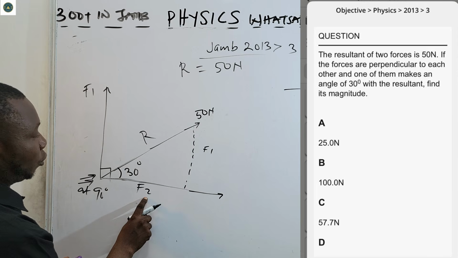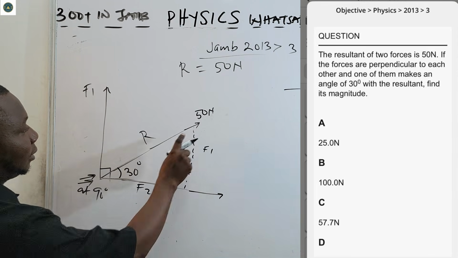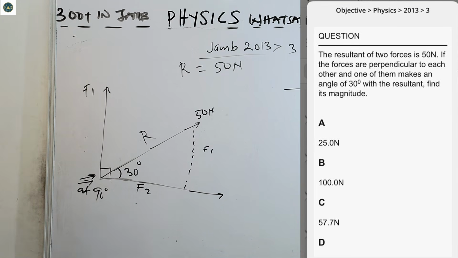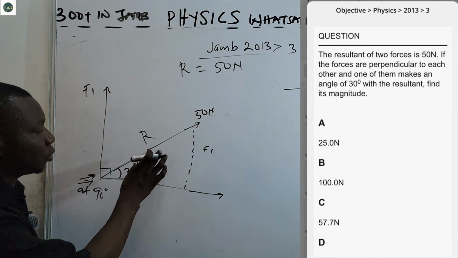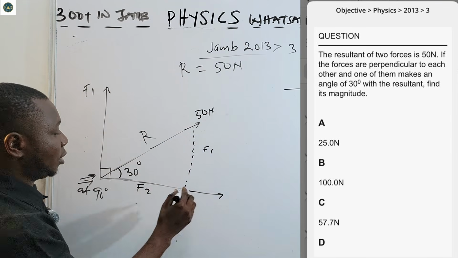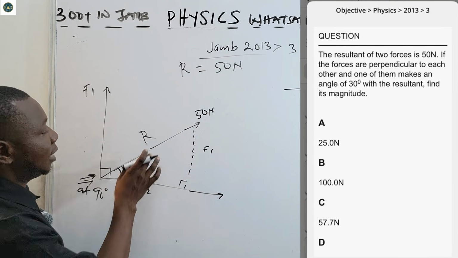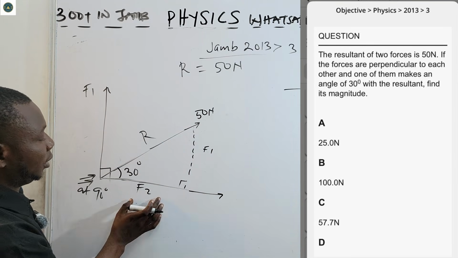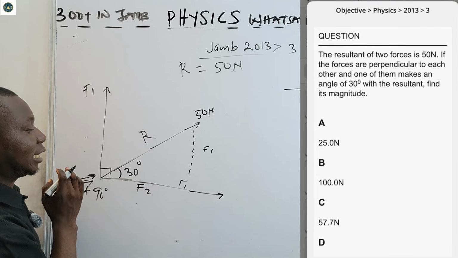So how do we get this? For me to get F2, where R is, I can definitely use cosine. Why am I using cosine? Because I have my hypotenuse. If this is at 90 degrees, I have my hypotenuse, then I have the adjacent.